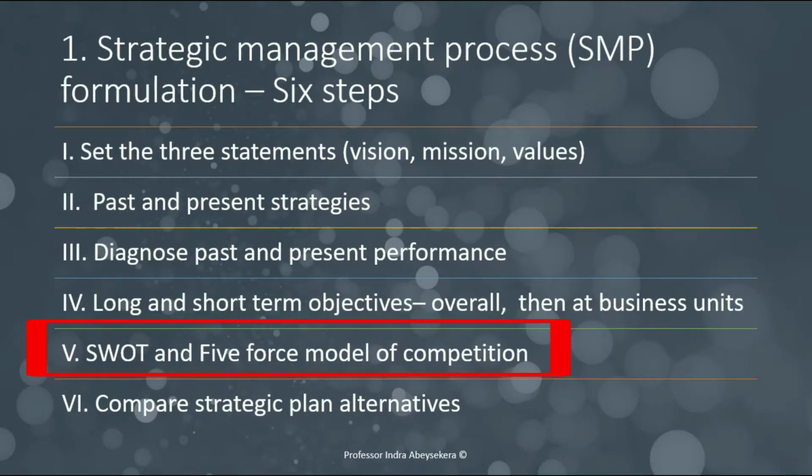Fifth is to take a stock of the strategic position. There are 2 methodologies: SWOT, strength, weaknesses, opportunities, and threats, and 5 force model of competition. Sixth is to compare strategic plan alternatives.